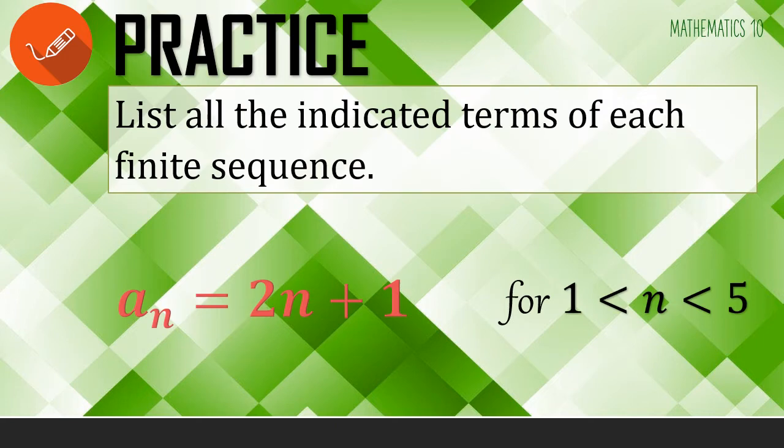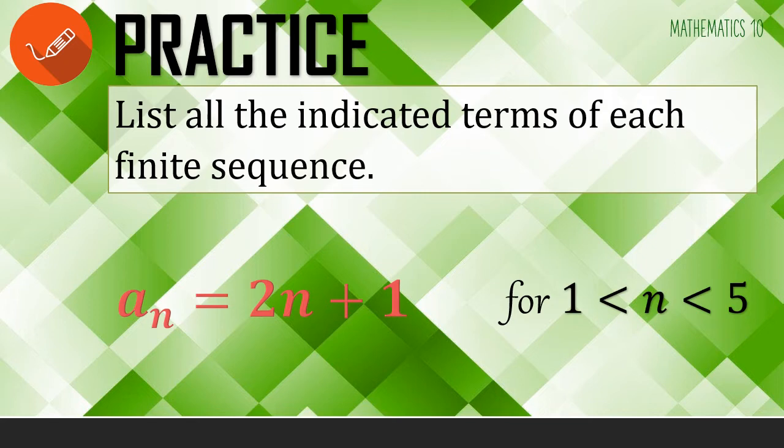Okay, next practice exercise will be to list all the indicated terms of each finite sequence. As you can see, we have here the general term or the nth term of the given sequence, which is 2n plus 1. We are asked to find the terms given that n is greater than 1 but less than 5.